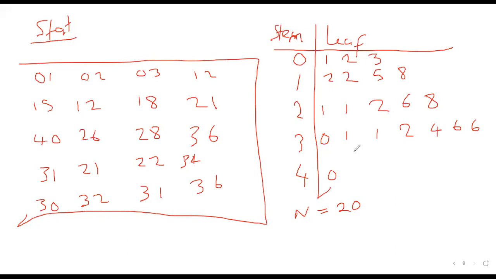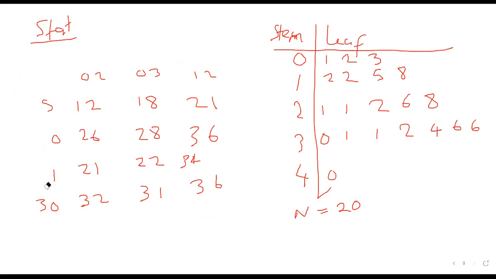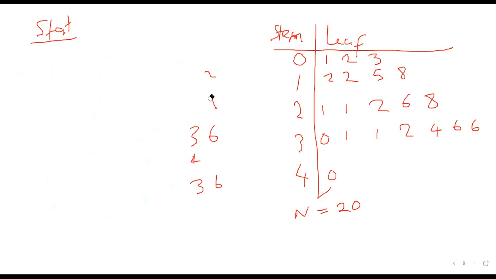So let's find our range. Range is the highest number minus the smallest number. Our highest number is 40. The smallest number is 0, 1. So the range is the maximum value of x minus the minimum value of x: 40 minus 1.